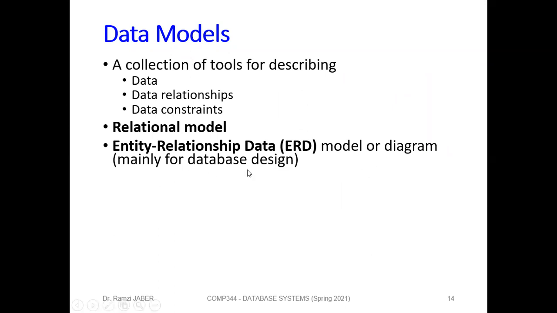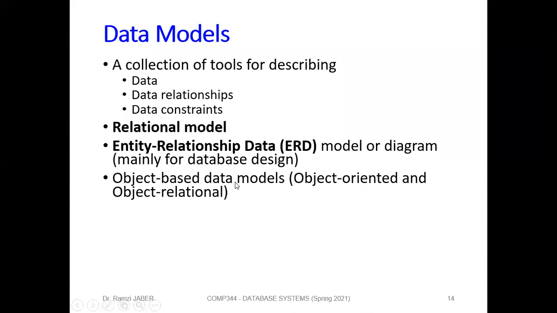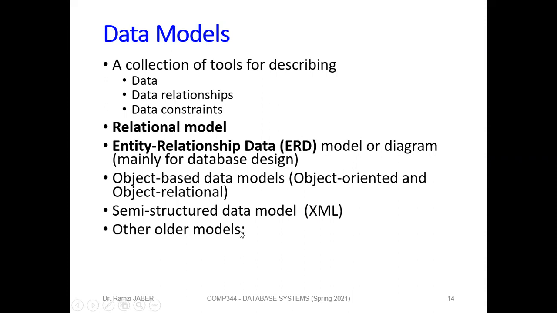Entity relationship diagram, ERD, for our database design. We have other data models like the object-based data model, the semi-structured XML model, used in JavaScript or web-based applications, and older models like the network model and hierarchical model.